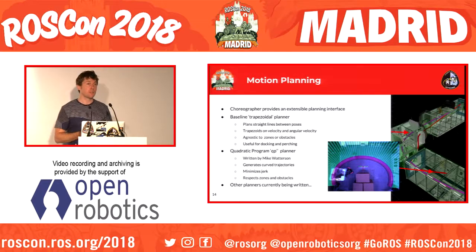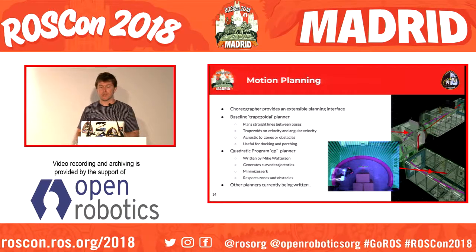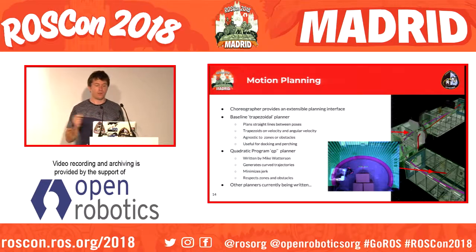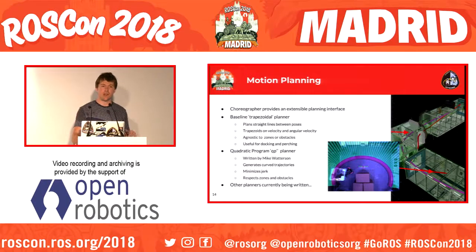So it's a pretty neat piece of code. It's just reasonably more complex and will be used for less critical operations where we're trying to fly between modules. And of course, there are other planners currently being written by interns and NSTRF fellows at NASA.